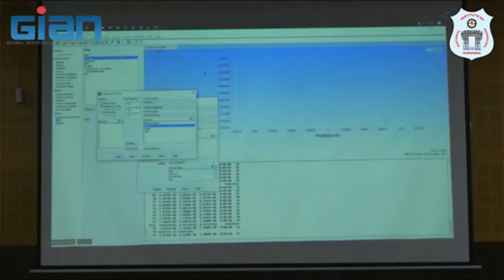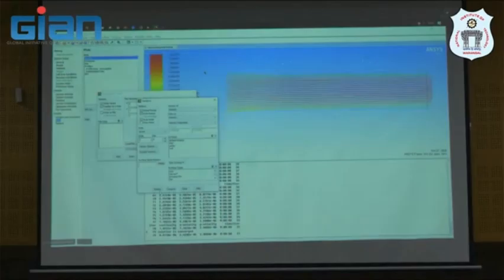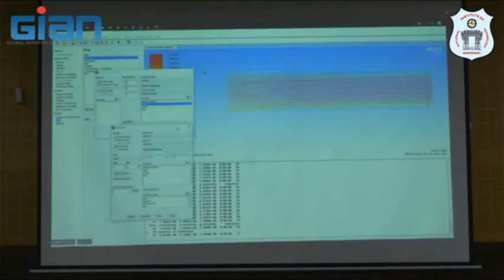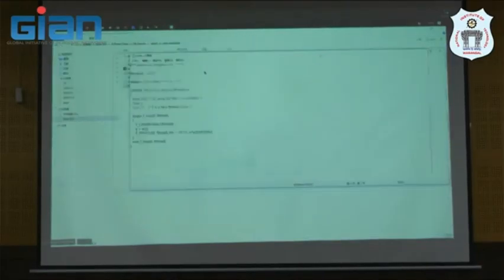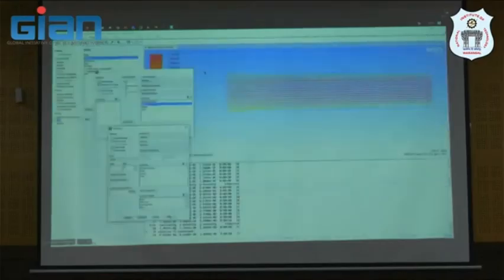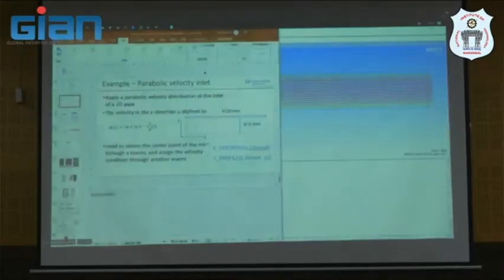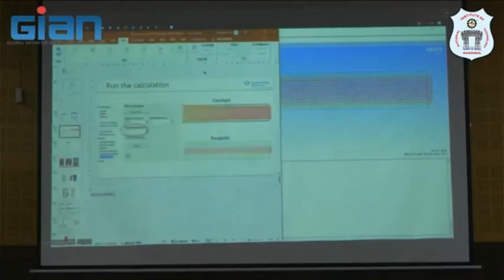It's different from our previous simulation, which means the inlet value has been changed by the code. It changed from a planar to a parabolic velocity profile. Here is the different result between these two simulation cases. Very cool.